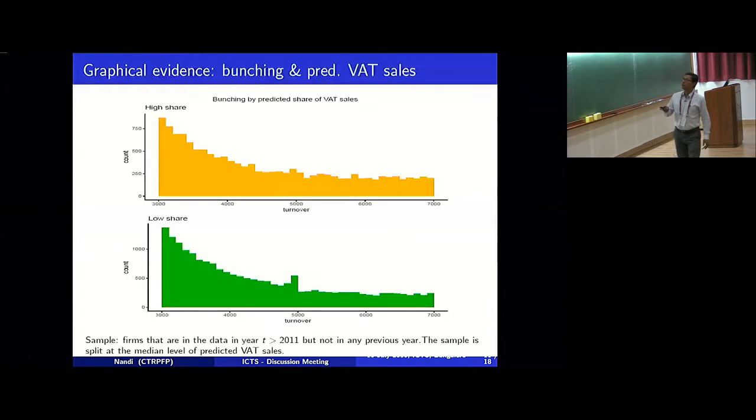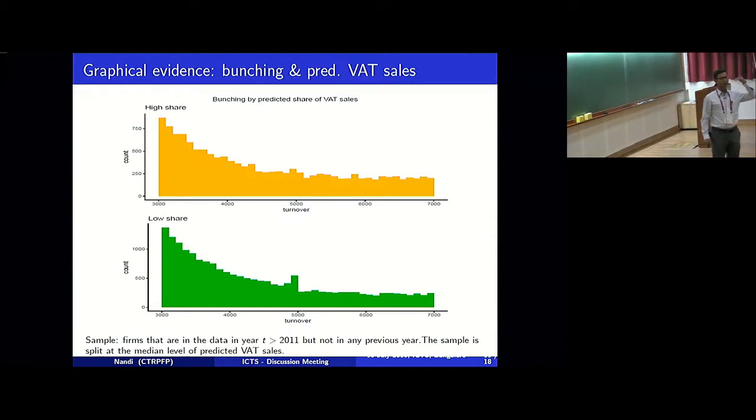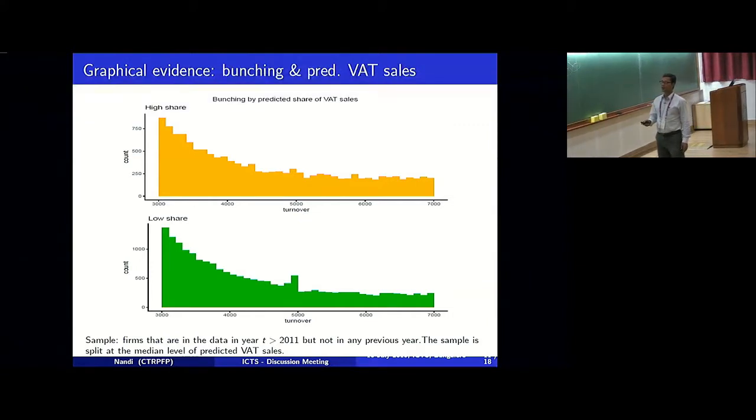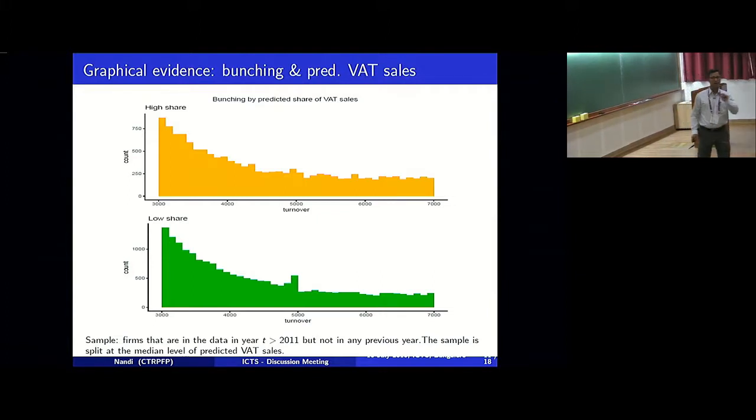And this is what we get. This is the turnover distribution of the firms that are likely to have a very high share of their sales going to VAT firms. And this is the likely turnover distribution of the firms that are likely to have very low sales to VAT firms. Now, as you can see, in this case the bunching around this 50 lakh is very evident. So what it means is that I, as a new entrant in the market, have a choice between two tax schemes, VAT scheme and turnover scheme.